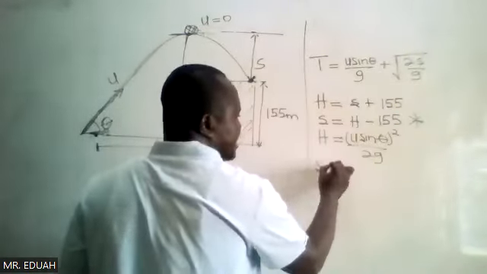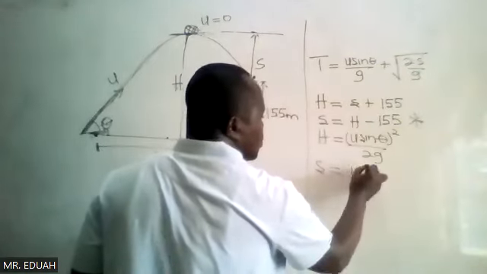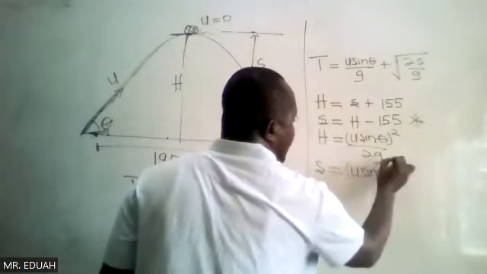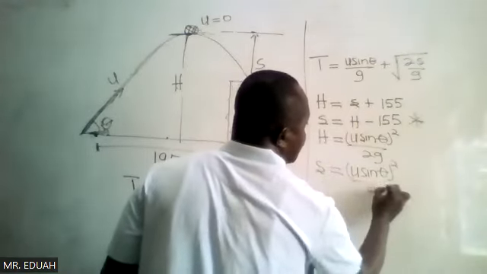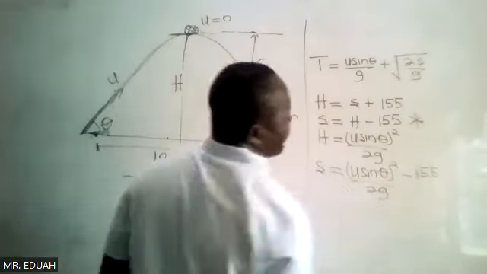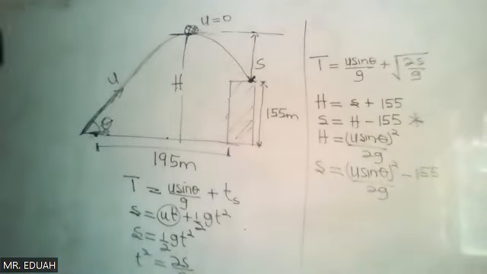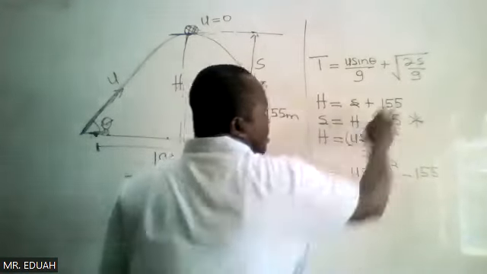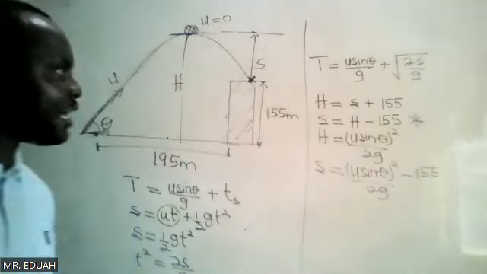So S is equal to U sine theta squared over 2g minus 155. So if you have this relation, substitute it into the time of flight formula.